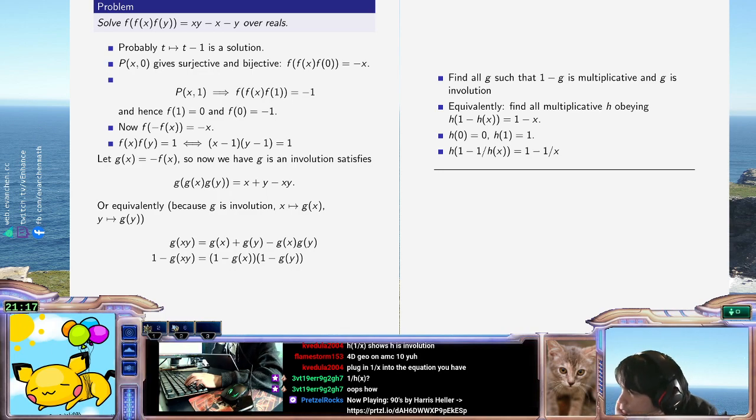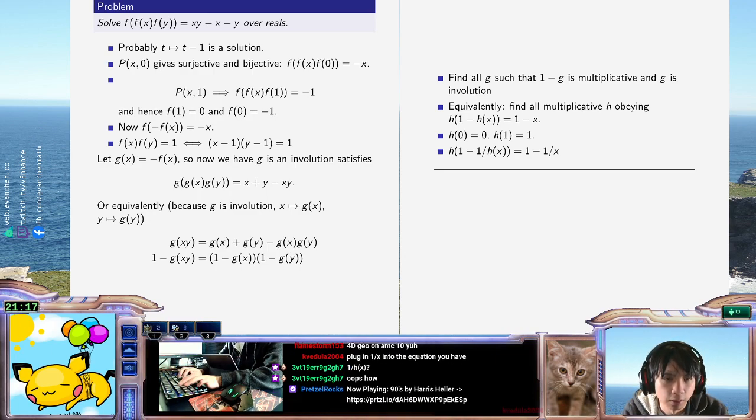How do we get involution from this? Is it, do I say this is like n minus h of x minus 1 over h of x?